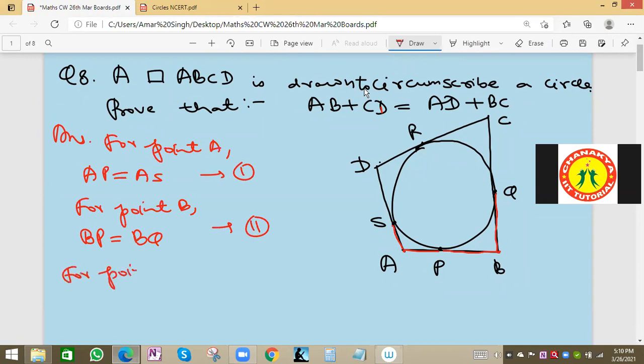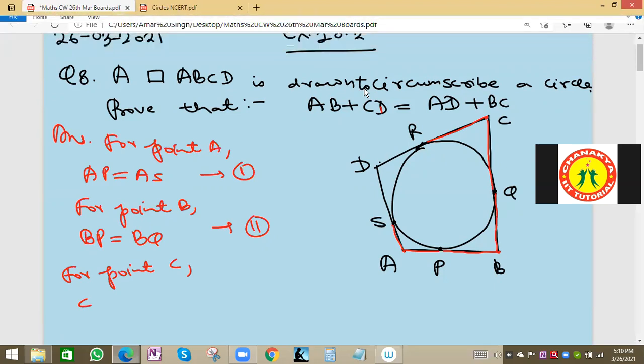For point C, CR will be equal to CQ. Carefully, if you see, here we have AB and CD in the left hand side. So AB will be made up of AP and PB.